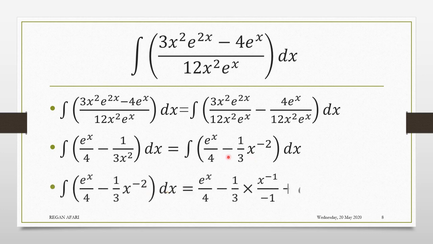Now when you integrate e to the power x, you get the same as e to the power x. So in a way, this is like 1/4 of e to the power x. Then -1/3, we keep it. Then we will add +1. So that will be -1. Then we divide by -1. Don't forget the plus c is really important, since there is no lower and upper limits.